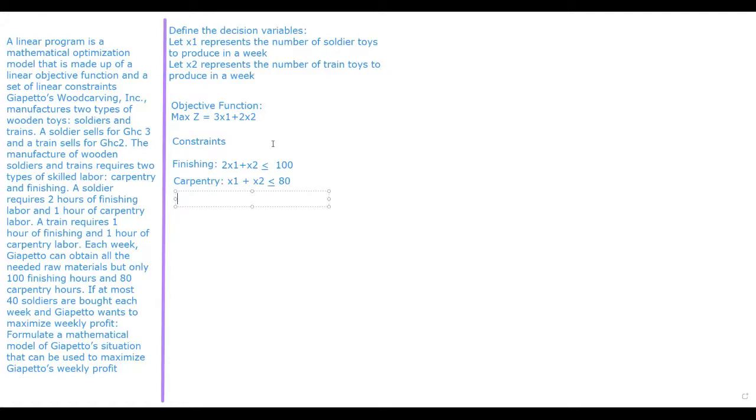All right. So we are saying that if at most 40 soldiers are bought each week, the decision variable for soldiers was x1. So x1, at most, we are saying that it's less than or equal to 40.